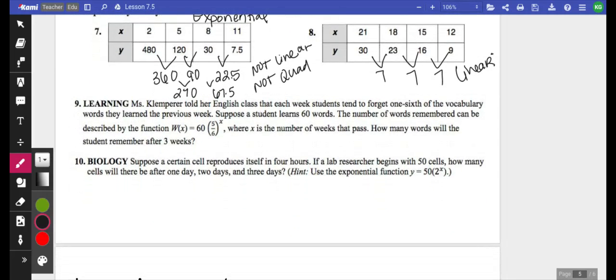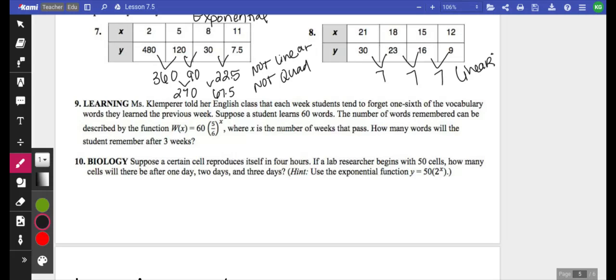So now we have these word problems. Ms. Klumper told her English class that each week students tend to forget 1/6 of the vocabulary words they learned the previous week. If a student learned 60 words, the number of words remembered. So if they're forgetting 1/6, that means they're remembering 5/6 of them. So that's why they put the 5/6 there. And X is the number of weeks.